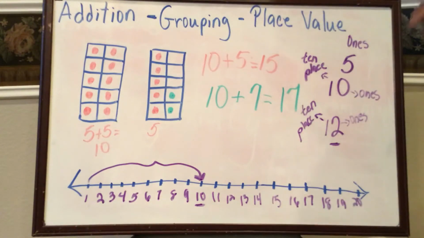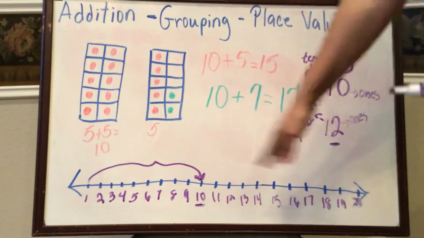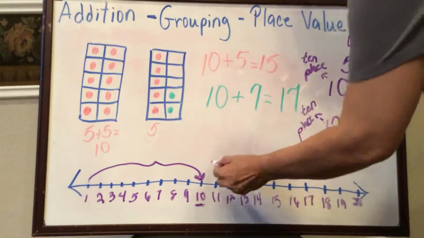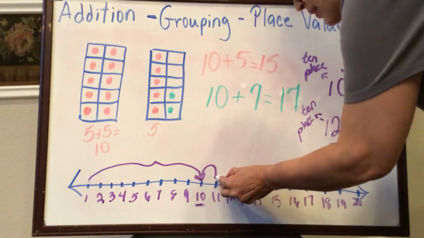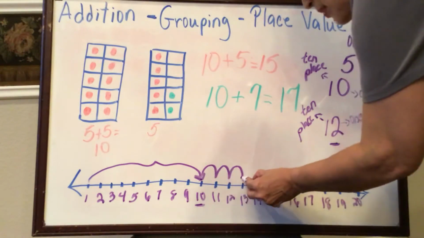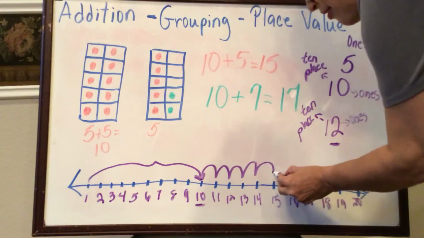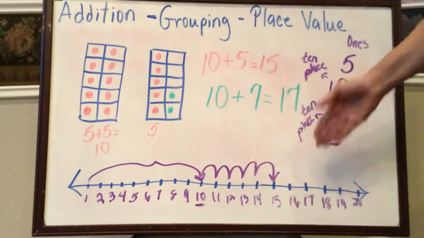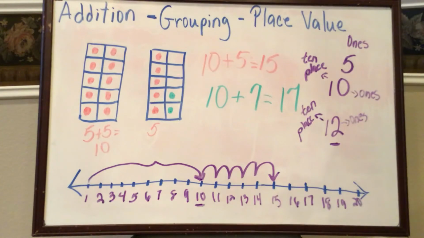Okay, so let's show here on the number line the 5 cookies that daddy gave me. Let's count together. 1, 2, 3, 4, 5. Daddy gave me 5 more cookies. So how many cookies do I have in total now? Exactly. We have 15 again.